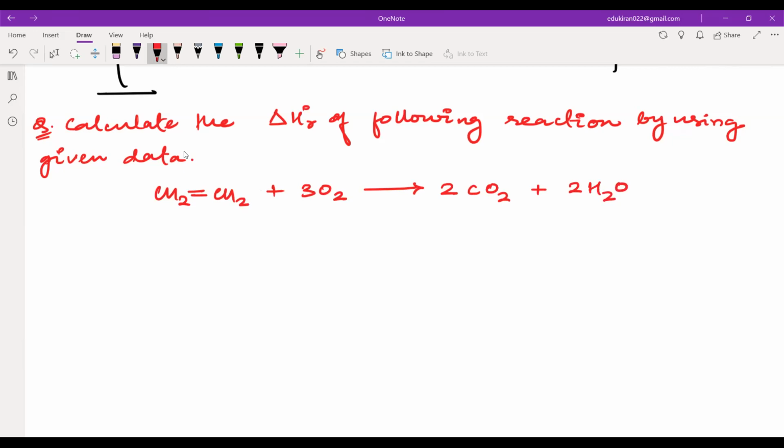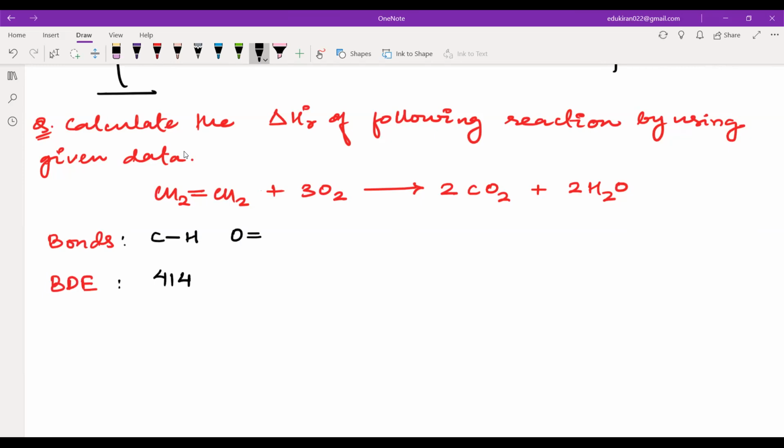The data that has been given is the bonds. You have been given the bond dissociation energy. So you will be given only bond and bond dissociation energy. The bonds that they have given are: CH bond, bond dissociation is 414. All of them are in kilojoule per mole.